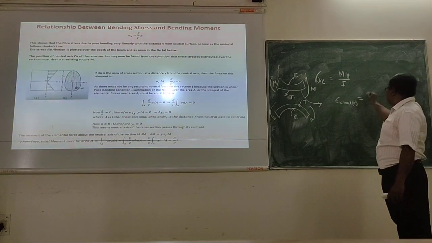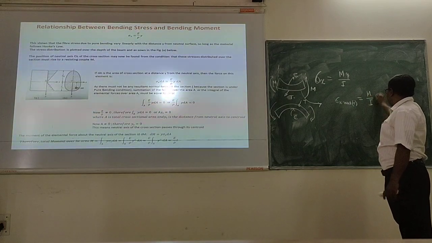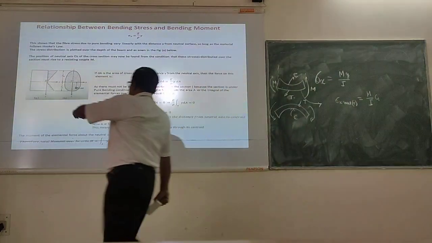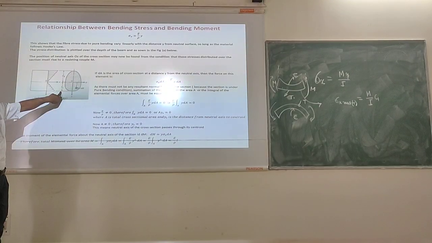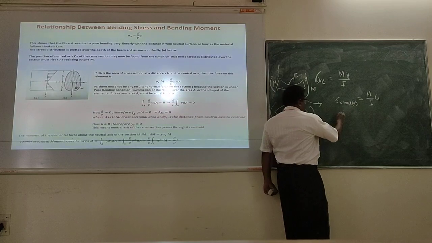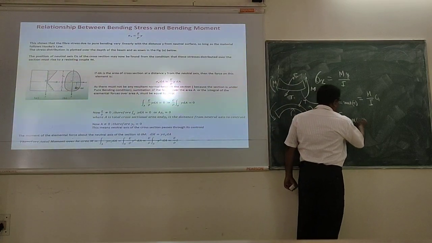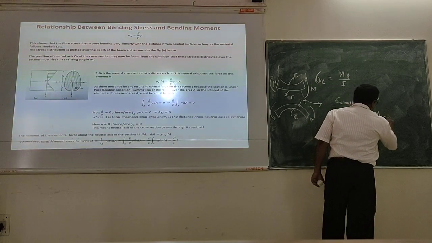Sigma x maximum under tension will be M by I into C1. Because you see, C1 is the distance of the bottommost fiber from the neutral axis. Have you understood? What will be the compression? Maximum compressive bending stress, sigma x maximum under compression, will be equal to M by I into C2.